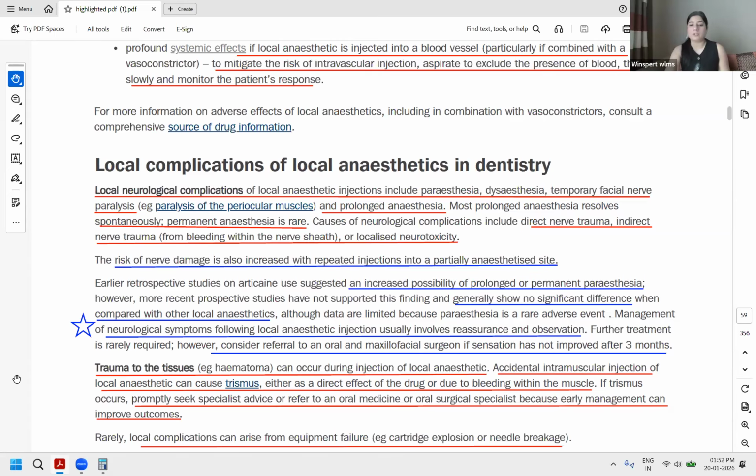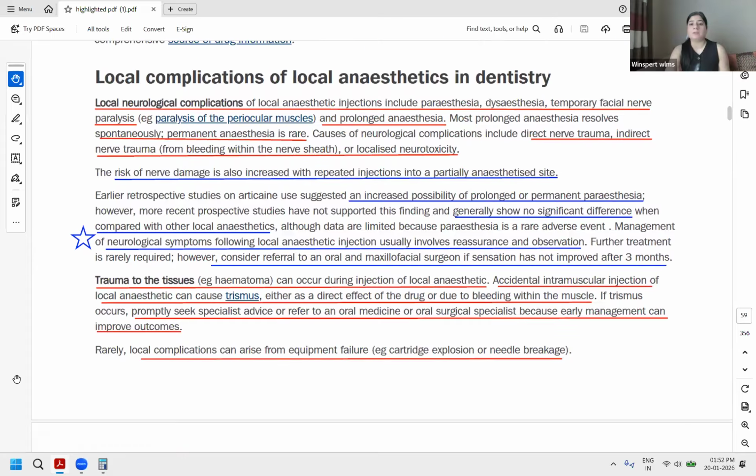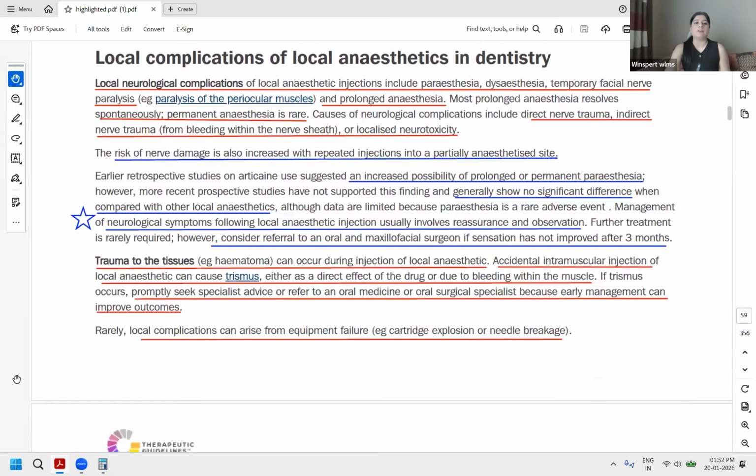So local complications are nerve paresthesia, dysesthesia, temporary facial nerve paralysis, prolonged anesthesia. Earlier, Articaine was believed can lead to this, but now no more considered, no more support and evidence. So Articaine has become your LA of choice for blocks and infiltrations. Better anesthesia tops up lignocaine now.